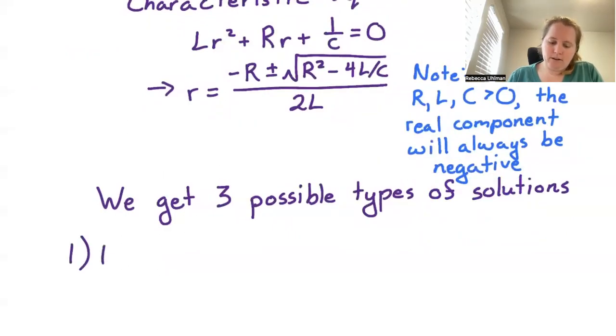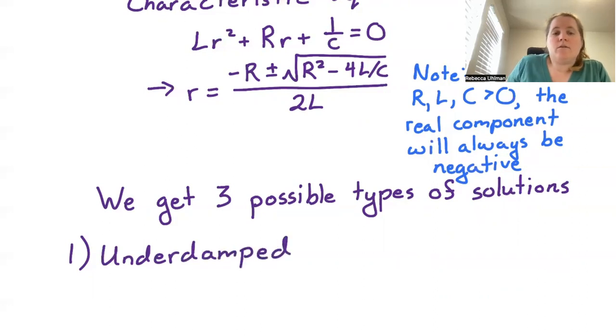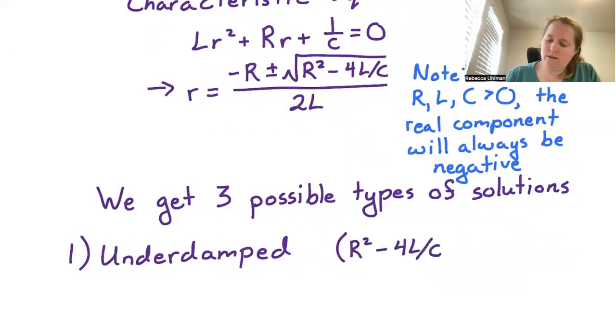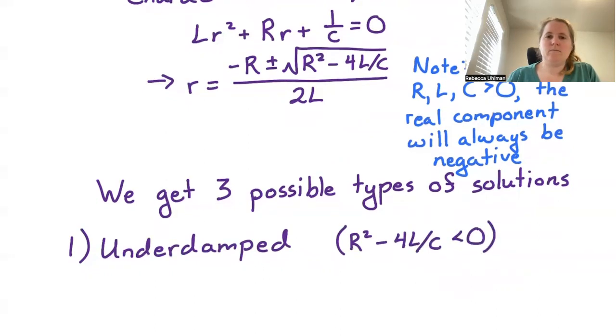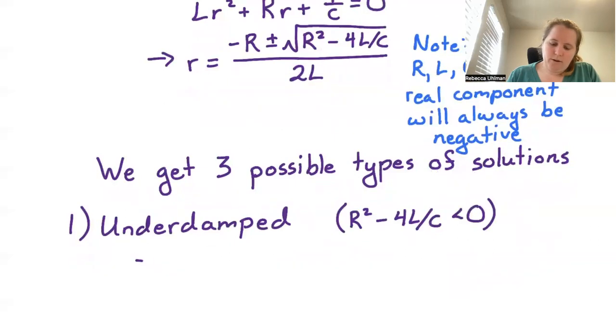So our first possible type of solution is again called underdamped. For an underdamped system, this is where r is complex conjugates. So this is where R squared minus 4L over C is negative, so the roots are complex conjugates.